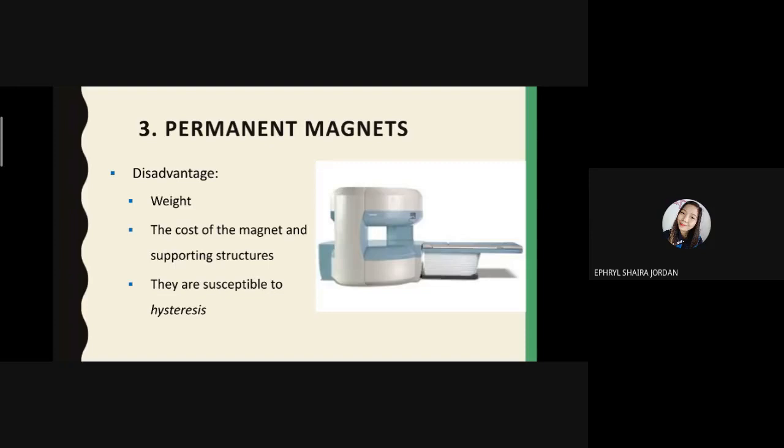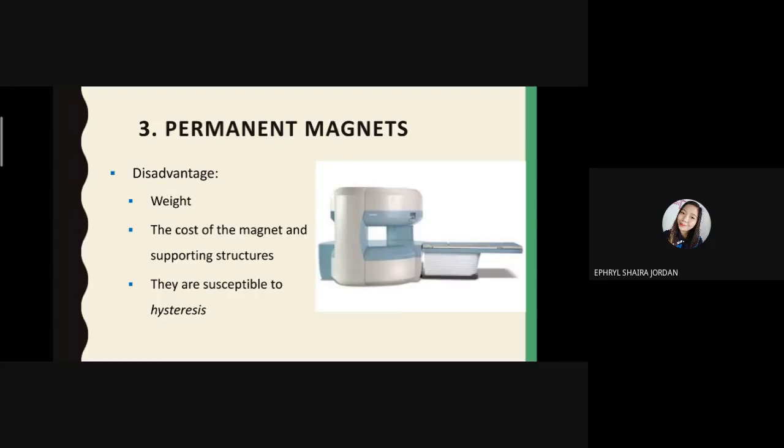However, ang disadvantage lang ng permanent magnet are the following. So the disadvantages of using a permanent magnet are its weight and the cost of the magnet. Siyempre, hindi mo lang siya mabibili kung saan-saan. And imagine how massive a magnet, kung gaano kalaki ang kailangan niya na magnet, di ba?